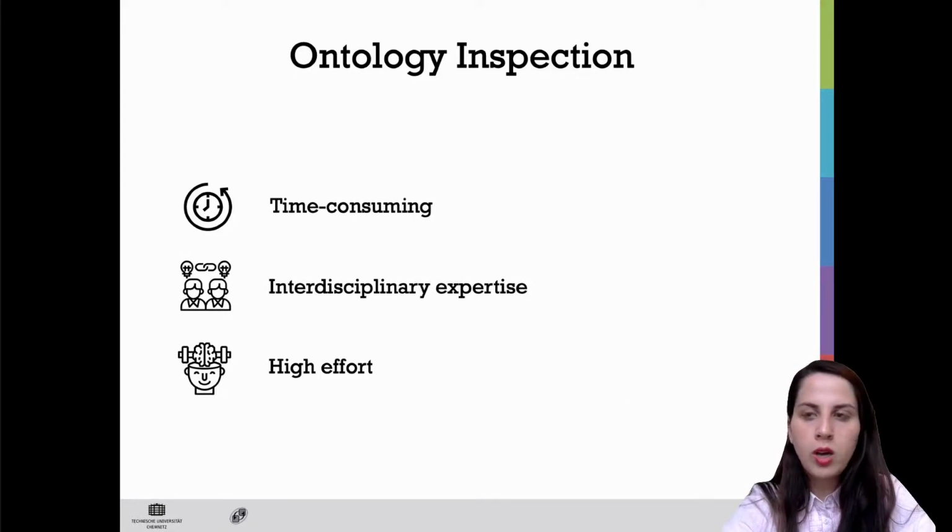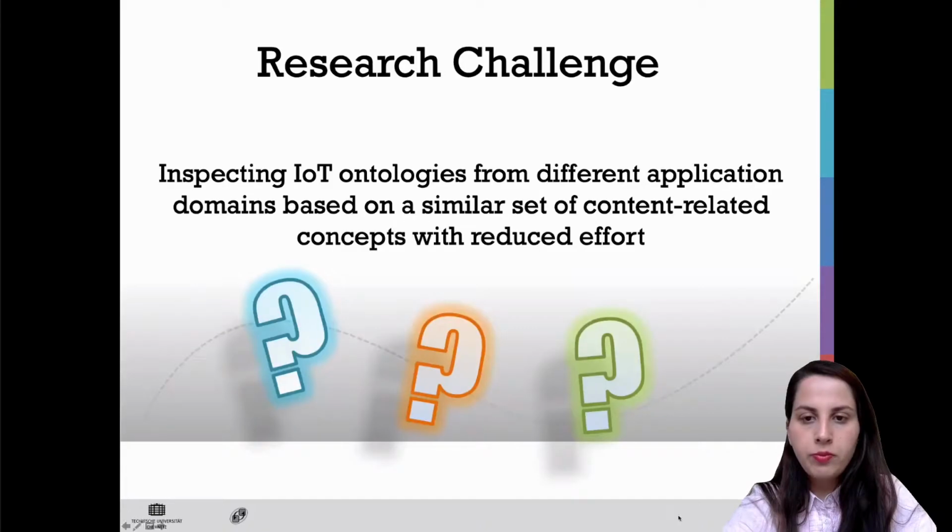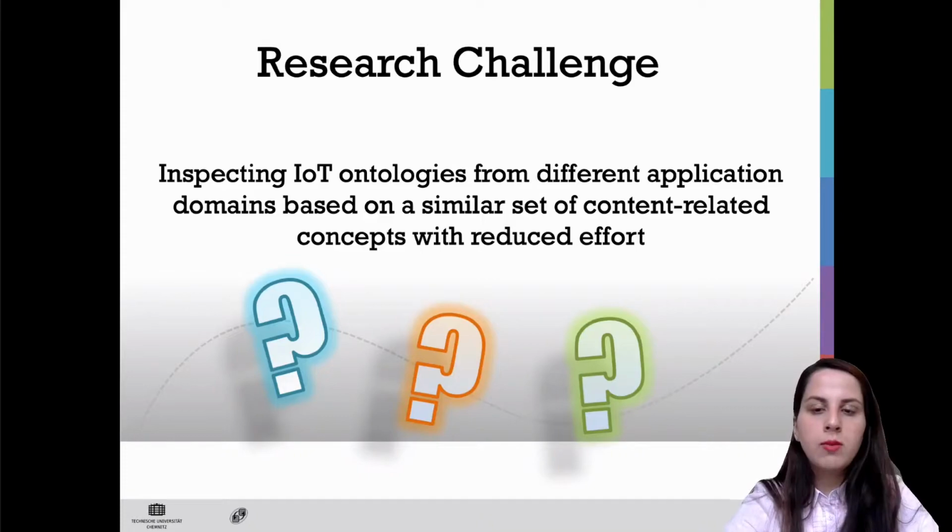So the research challenge here is to use the wealth of information described in IoT ontologies to systematically inspect them from different application domains based on a similar set of content-related concepts with reduced effort.